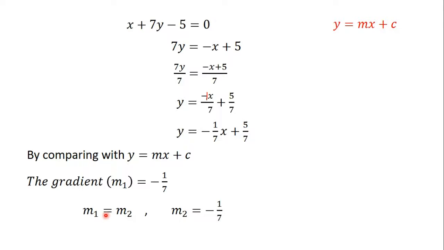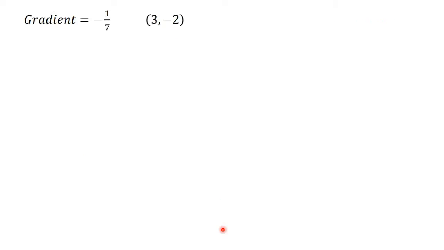So if m1 is equal to m2, then m2 is also -1/7. So the gradient of the line passing through the point (3, -2) is -1/7. Now, with the gradient and the point, we can find the equation of the line.